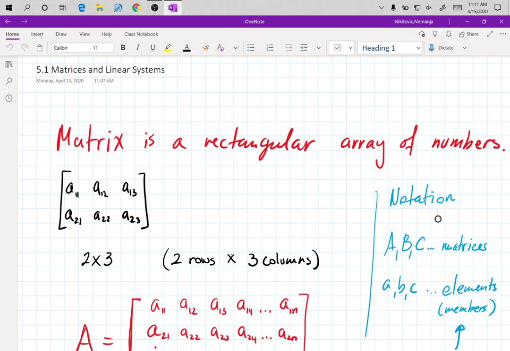We talked about the transpose, adding, subtracting, multiplying matrices, and then the inverse of the matrix and the determinant of the matrix. What else did we talk about? The identity matrix and square matrices.